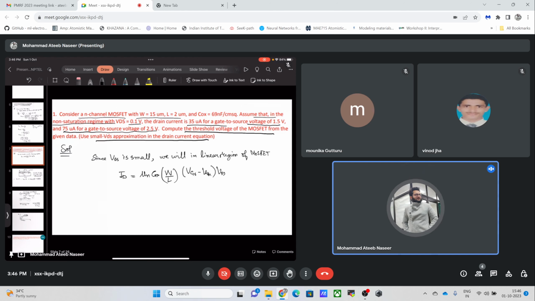Now there are two cases in this linear region. In one, the gate to source bias VGS is 1.5 volt.